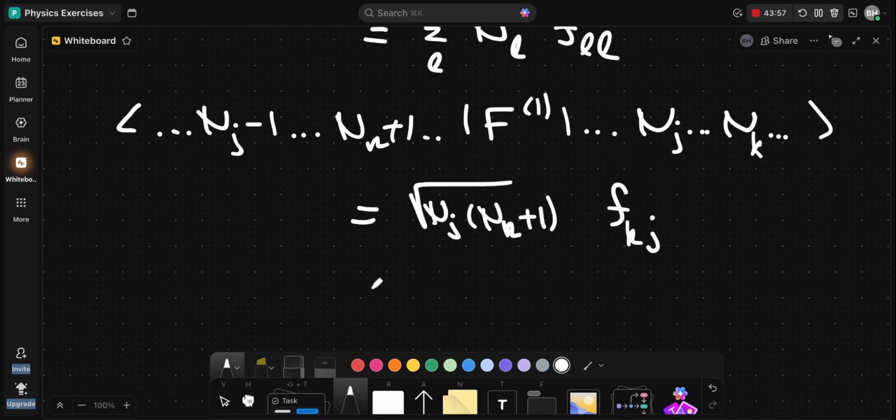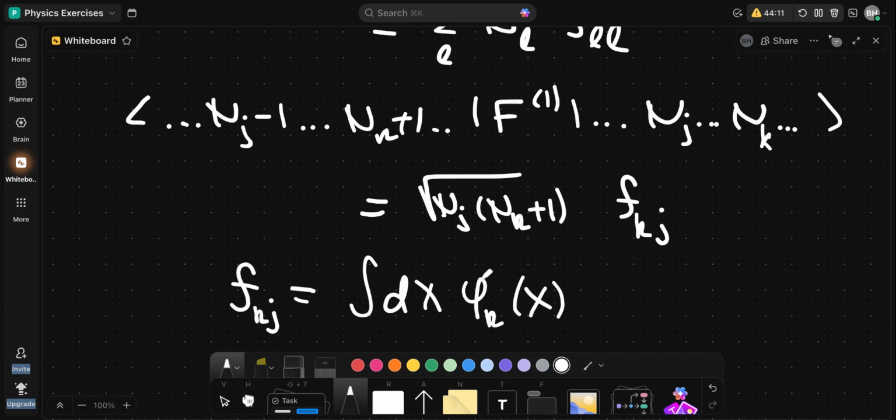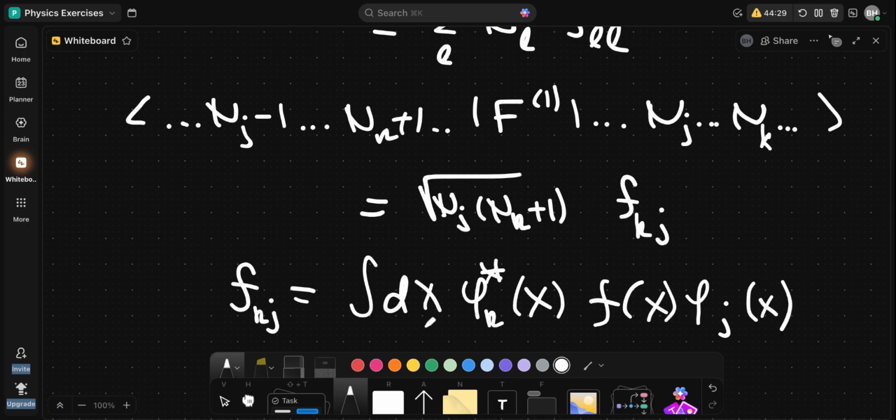Okay, and I have to give you one more definition here, that fkj is the integral of some coordinate. So I can write x here, I don't have to write 1. Okay, phi k of x star, your one particle operator f of x, and phi j of x.